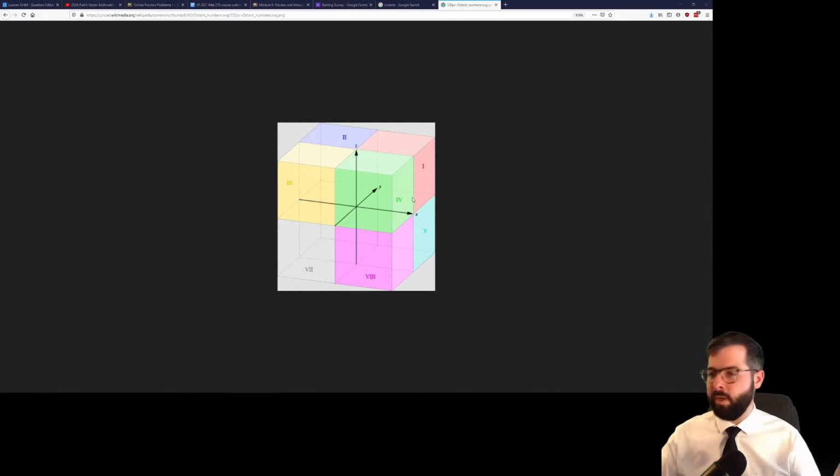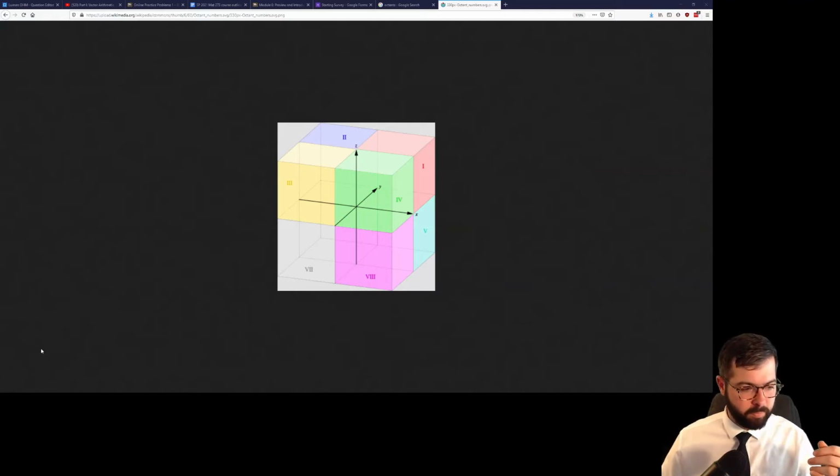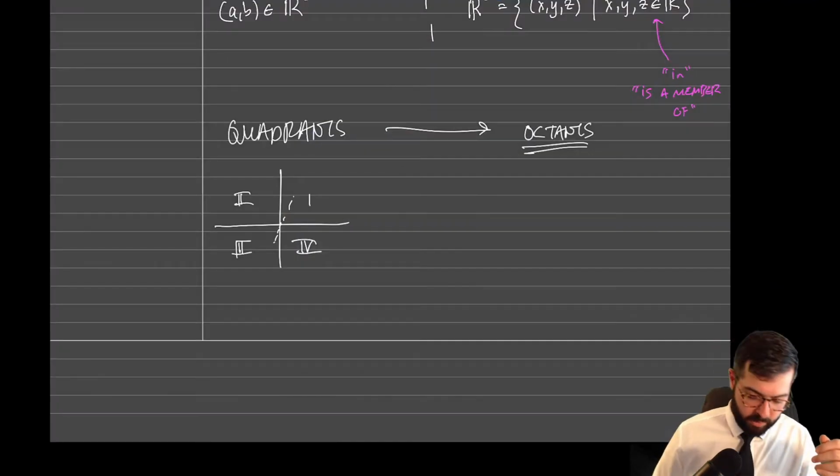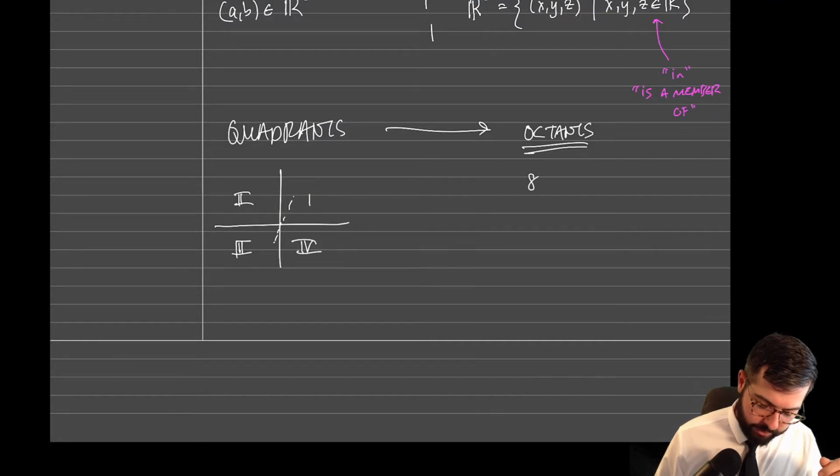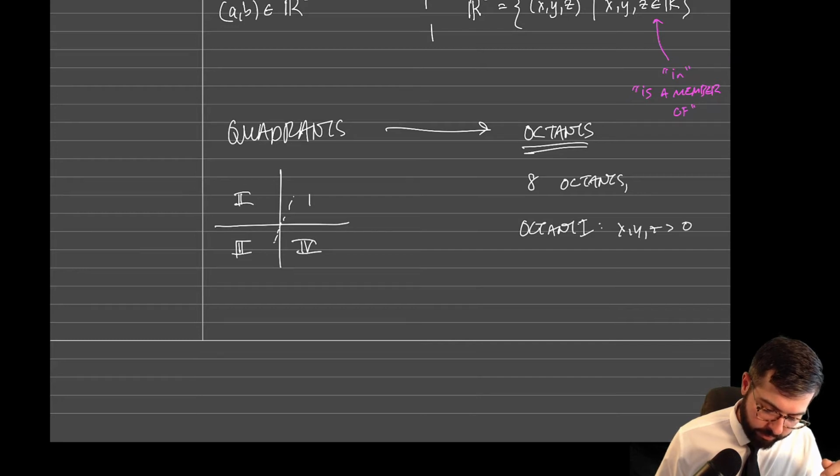Octant 1 is the ideal octant. Why? X, Y, and Z are all positive. So there are 8 octants, and in octant 1, x, y, z are all greater than 0.